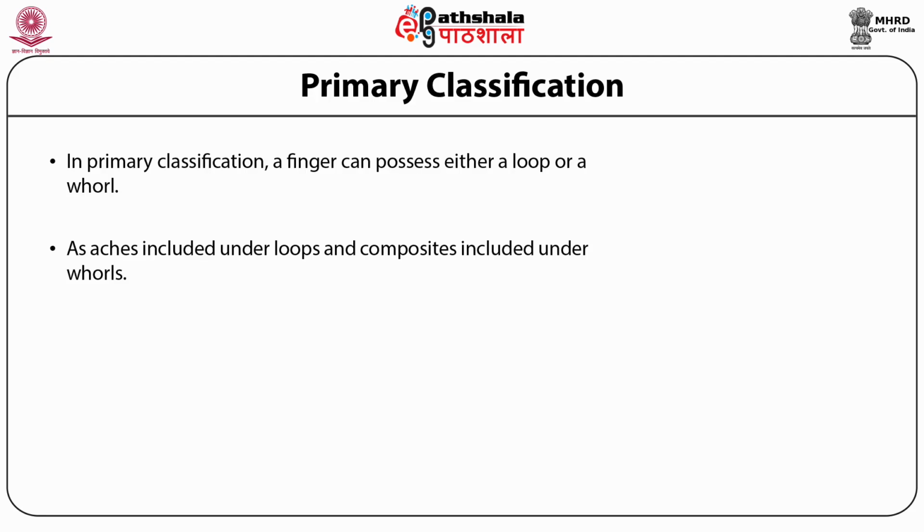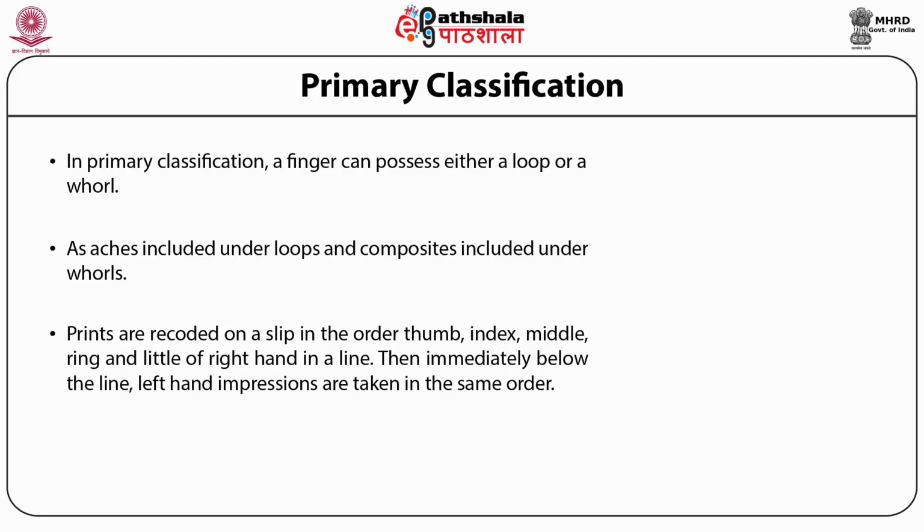The technique involved in taking fingerprints for classification purpose includes, in a slip, the rolled impression of the fingers of right hand recorded in line in the order of thumb, index, middle and little finger. Immediately below them, impressions of the fingers of left hand in the same order are recorded.